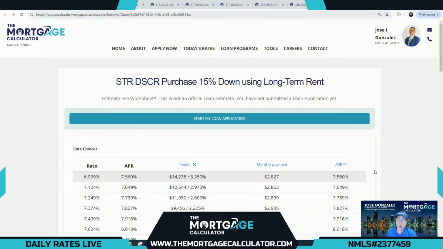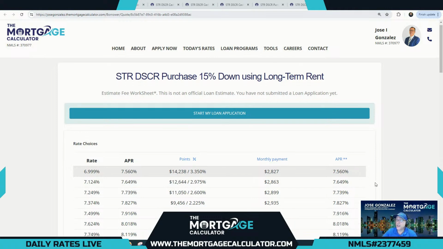So when you are submitting your loan application, if the long-term rent qualifies the property, then no need to bend over backwards and use all of the other short-term rental techniques. So that's the first lesson today, right? I guess we would say if the shoe fits, wear it.